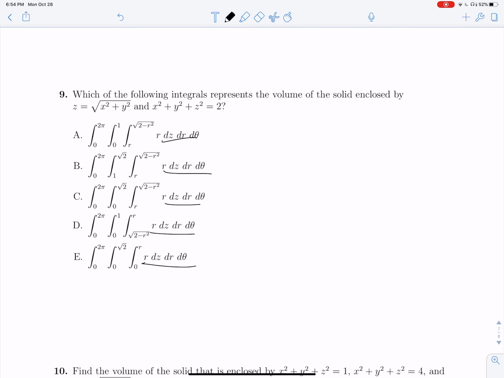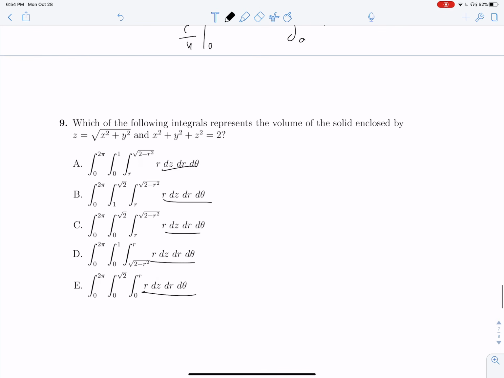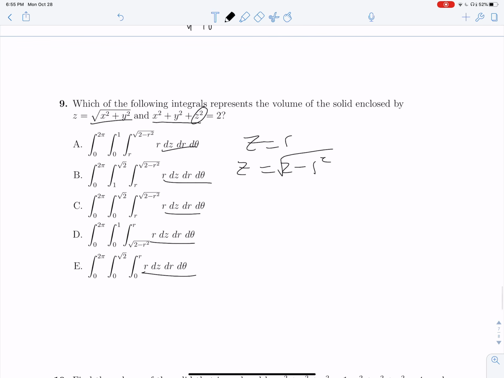All of our integrals are in cylindrical coordinates, even though we have an x plus y plus z all squared, which we would think would be rho, but in this case it's not. So we know that we can replace that with an r, so z equals r, and we can solve this guy for z. That's going to be z squared equals 2 minus r squared, so z is root 2 minus r squared.